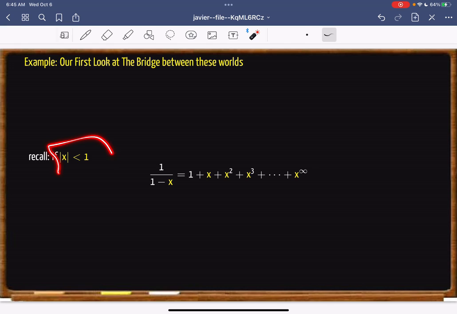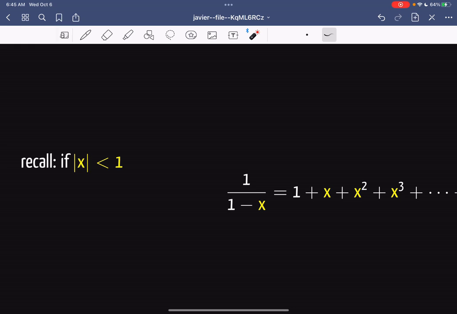Of course, there's always this underlying condition. You've got to have it where the absolute value of x is less than 1. That way it will be valid. If not, other bad things happen. In fact, let's explore that. This came from the idea that if I take 1 plus x plus x squared plus x to the third all the way to x to the infinity, this would give me x to the infinity plus 1 minus 1 all over x minus 1.